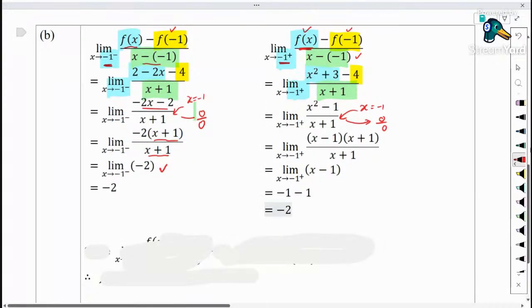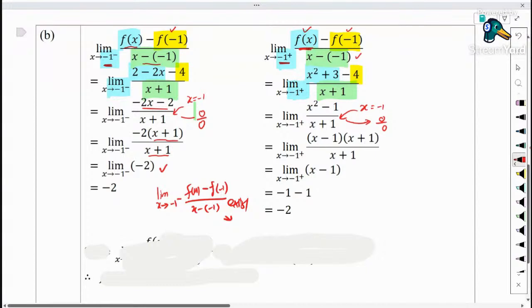So I find that both the limits from the left and from the right give us the same answer, which is -2. Therefore, the limit as x approaches -1 of f(x) minus f(-1) over x minus -1 exists. If this limit exists, what does it mean?